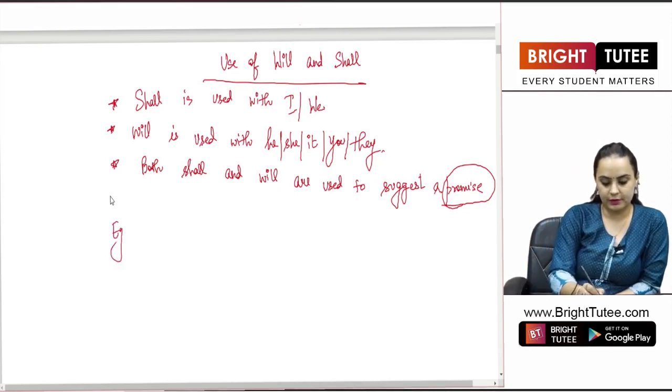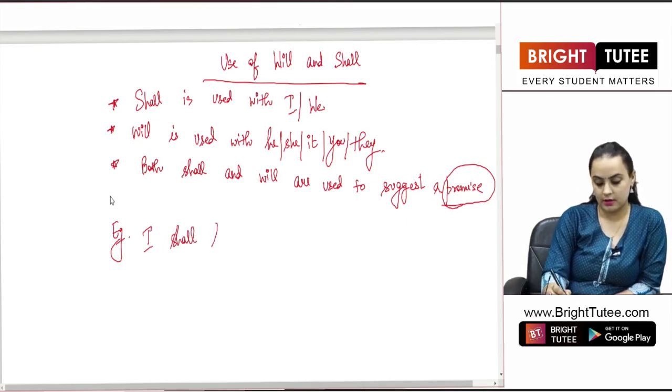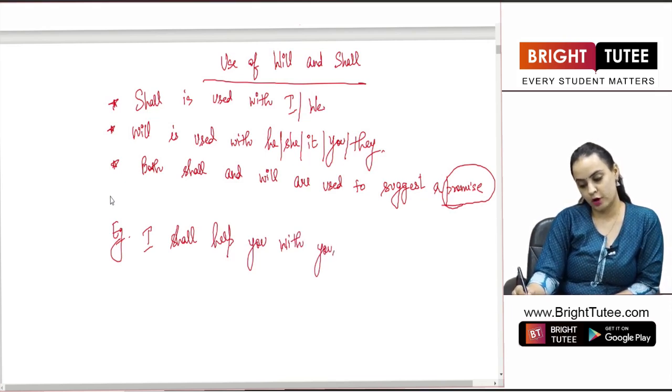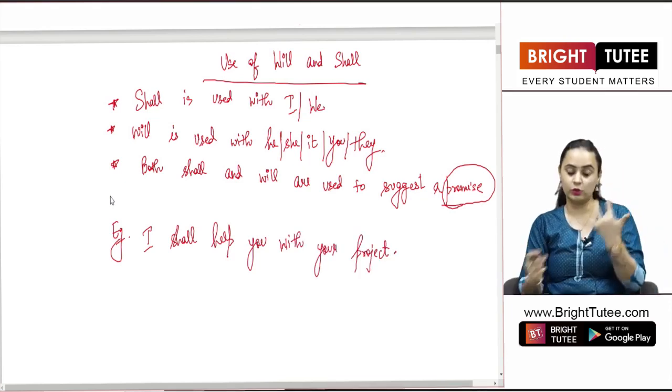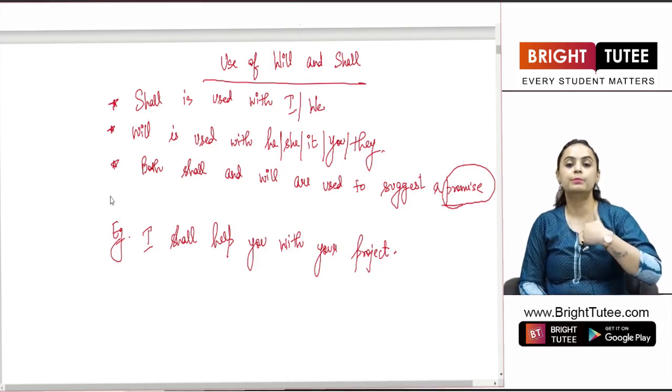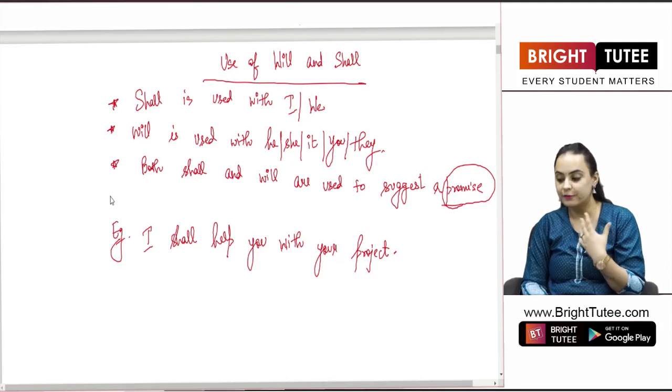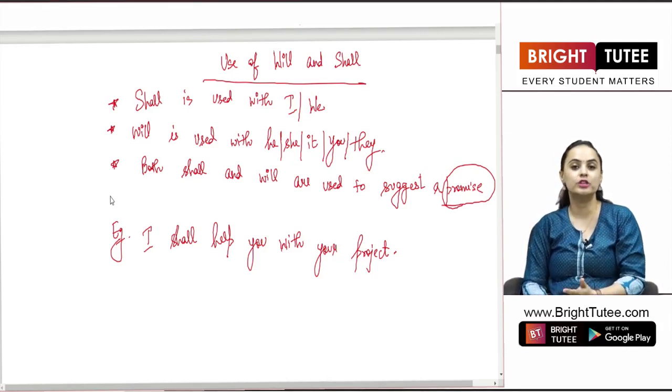For example, if I say, I shall help you with your project. So what does it mean? I am promising you, this is my intention, this is my willingness that I am going to help you with my project.